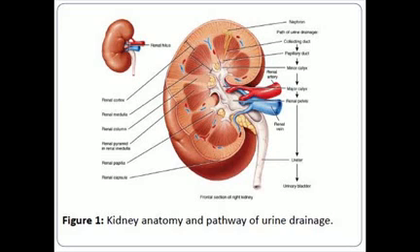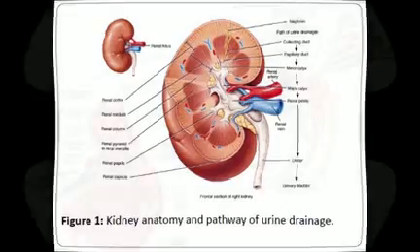First of all, number 1, it contains the Malpighian corpuscle, which comprises the following. Whatever I explain now, these are the parts of the Malpighian corpuscle. The first part, as I already told you, is Bowman's capsule.